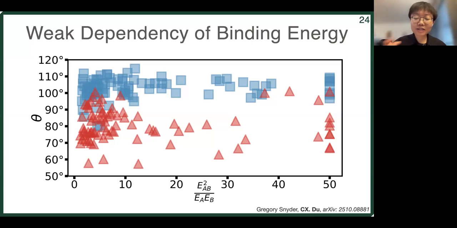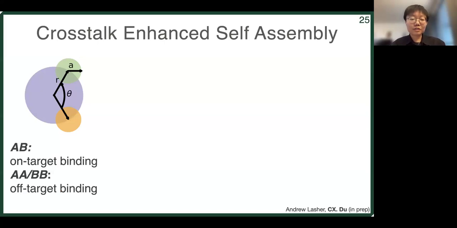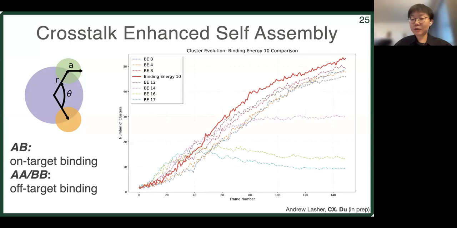But as a final thing, I want to show you one thing we're learning: having no crosstalk, so here the AA and BB binding, might actually not be very good for our self-assembly. Here AB is our on-target binding and AA and BB is off-target binding. I asked one of my amazing high school students to do a lot of forward simulations to measure the assembly speed of squares.